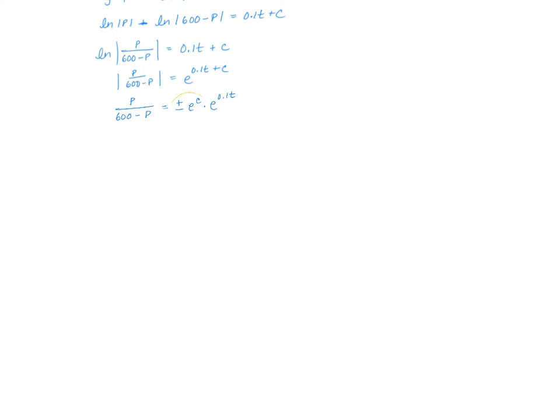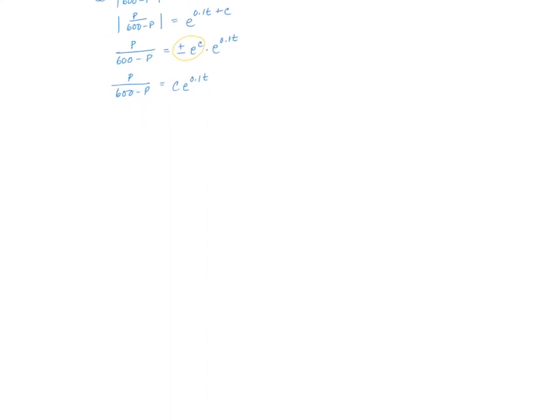If I add or subtract a constant, I still have a constant. So I'm going to replace this expression with just c. So on the right-hand side, this just becomes c e to the 0.1t. And it's okay if we do this with general solutions. Depending on initial conditions, that would determine our c.